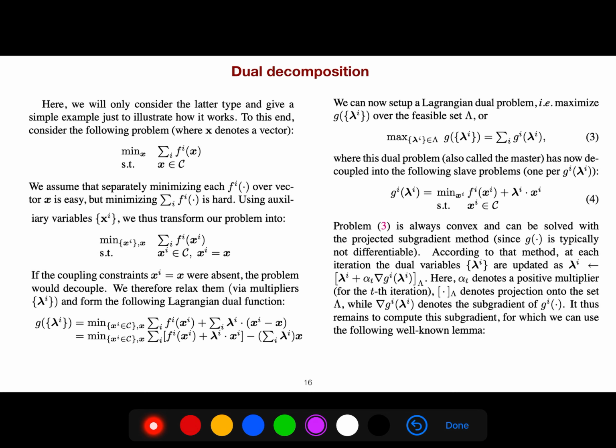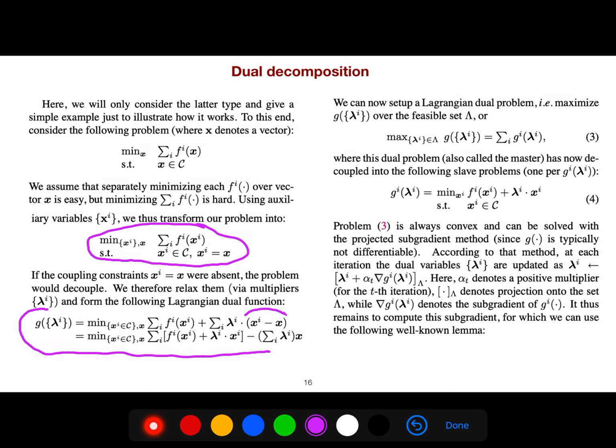For dual decomposition, you will see that we decompose the problem instead of just two blocks. There are several blocks. We add all of them, and we relax them, and we form this Lagrangian dual.